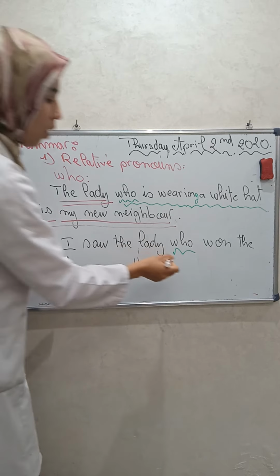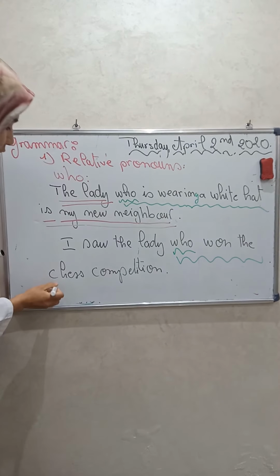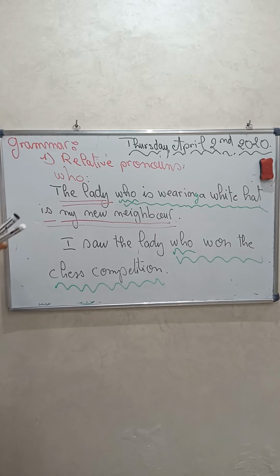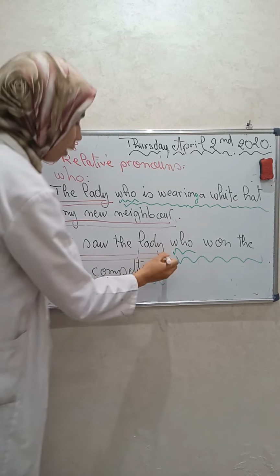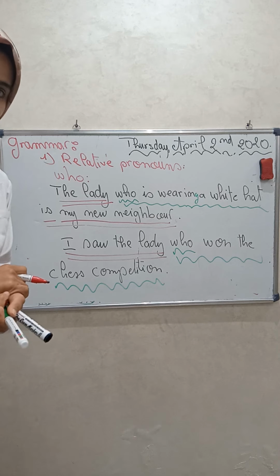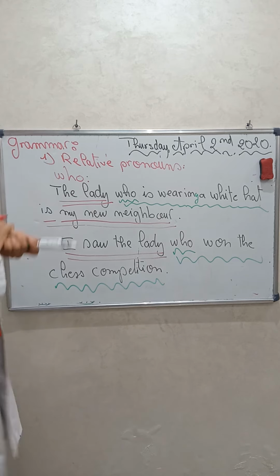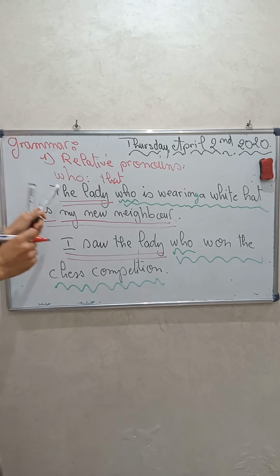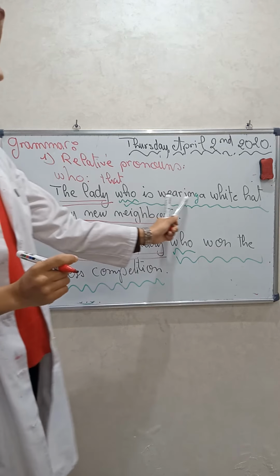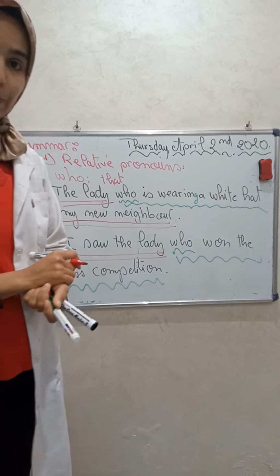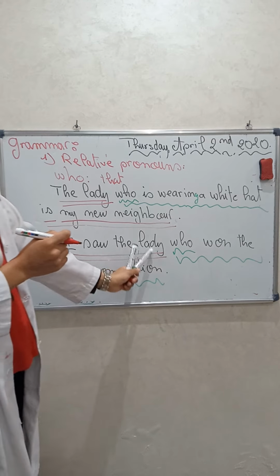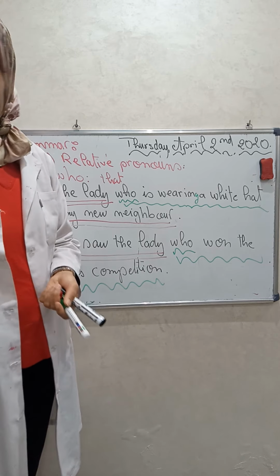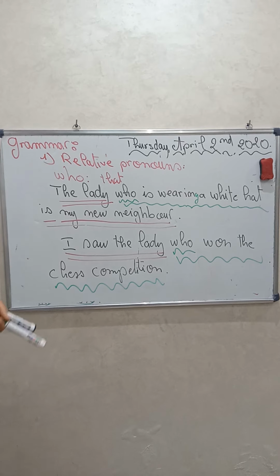Relative clause, who won the chess competition. Where is the main clause? The main clause is I saw the lady. And here we can have also that as a substitute. The lady that is wearing a white hat is my neighbor. Or I saw the lady that won the chess competition. I hope it's clear.